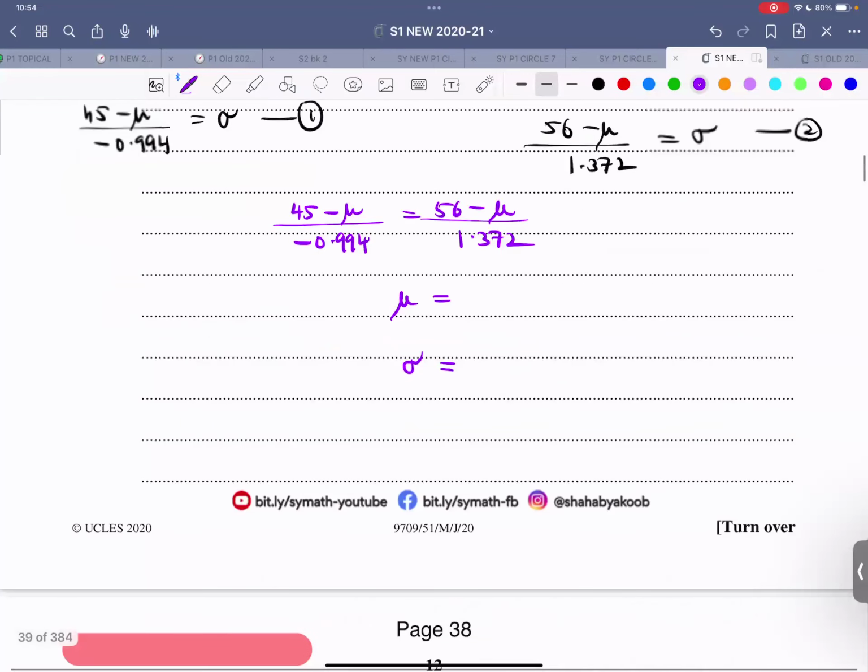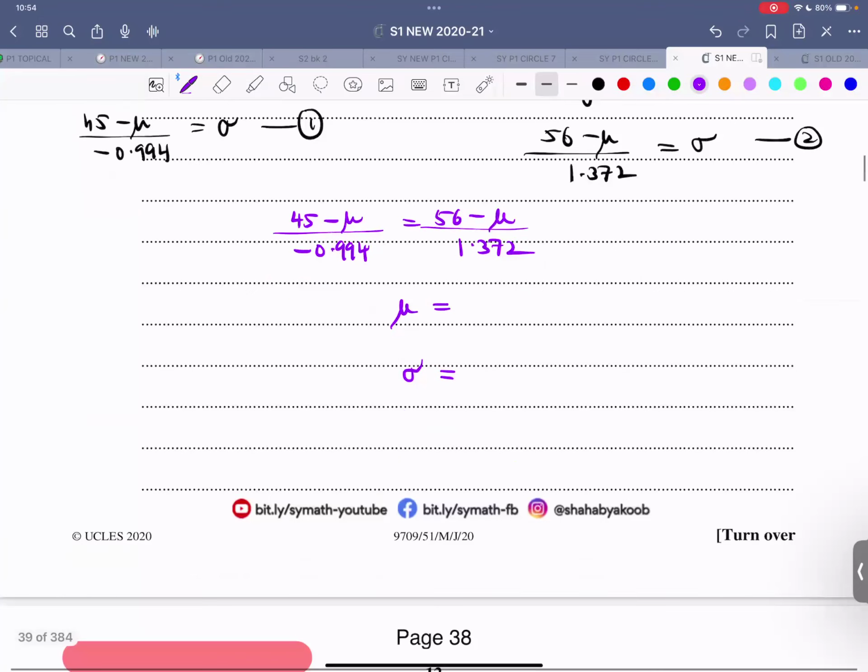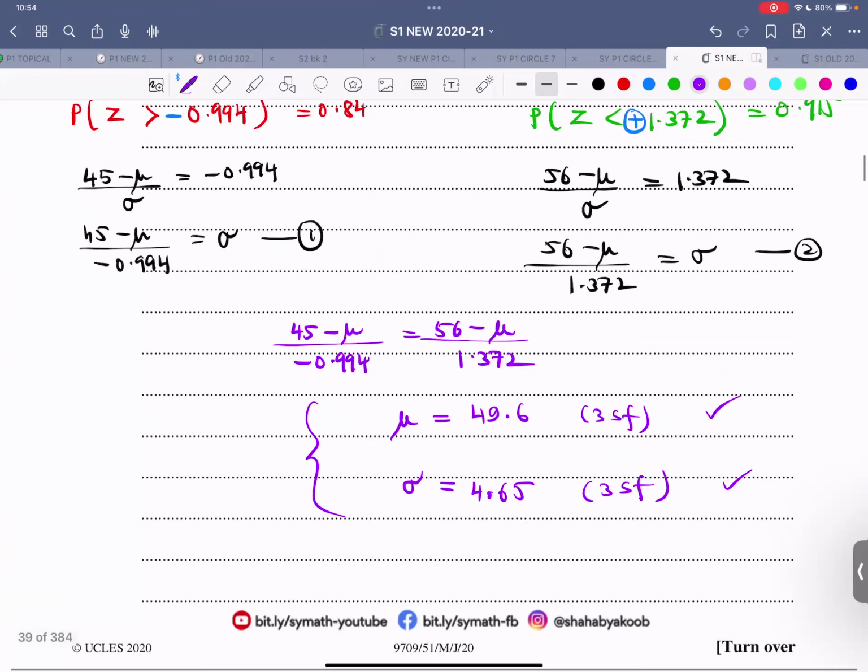This is question number 6, part B. And we get mu as 49.6, 3 SF. And sigma comes out to be 4.65, again 3 SF. And that is after this concept of simultaneous equations.